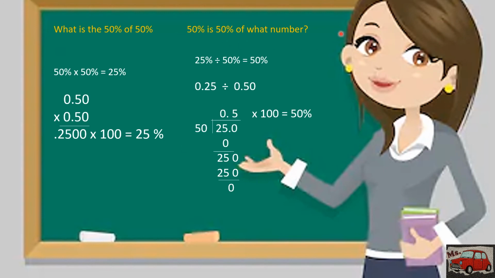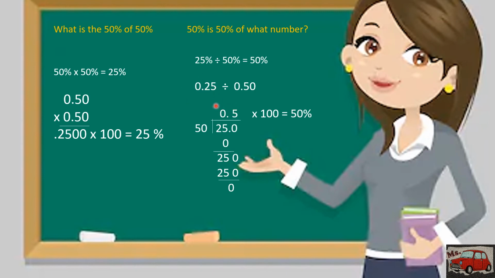So now, next we have 50% is 50% of what number? So, 50% daw ay 50% ng anong number? Of course, 50%, right? So, to do that, 25% divided by 25%. So, make sure naka-convert pa rin sila sa decimal. And then, divide it.